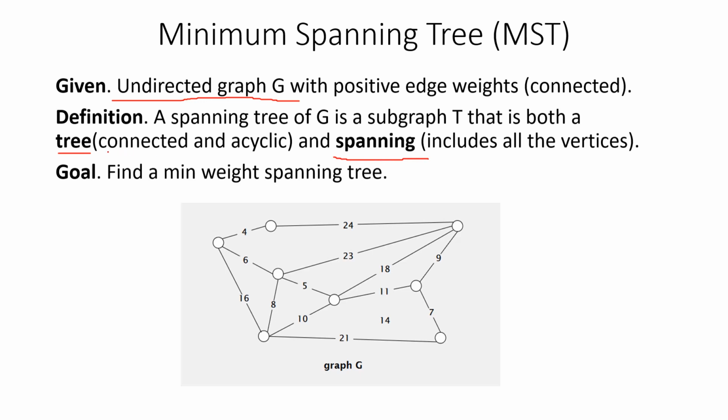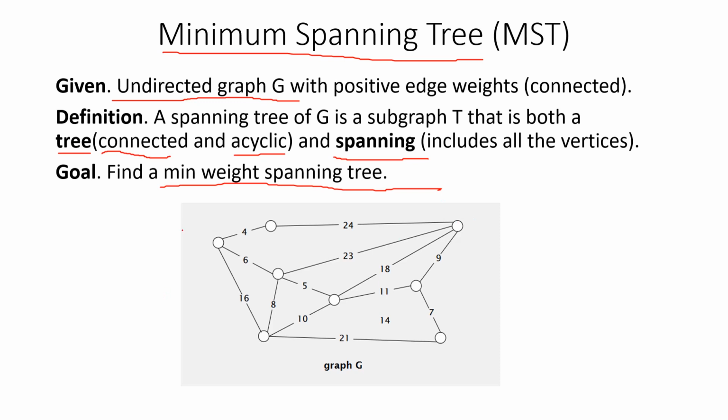Tree means that the subgraph should be connected and acyclic, and at the same time it should be spanning, which means that it should include all the vertices in a graph. The goal of the minimum spanning tree is to find a tree that is spanning and has the minimum weight among all possible cases.